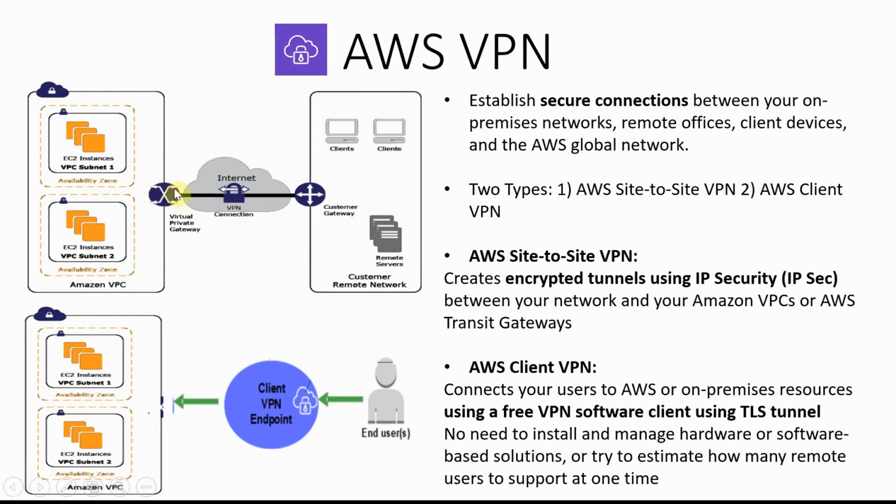There is also a transit gateway, which you'll see in the following section, but it's a more advanced concept. Generally the virtual private gateway is the most commonly used. So on the AWS side, when you want to create a site-to-site VPN, you first need to create a virtual private gateway or a transit gateway.